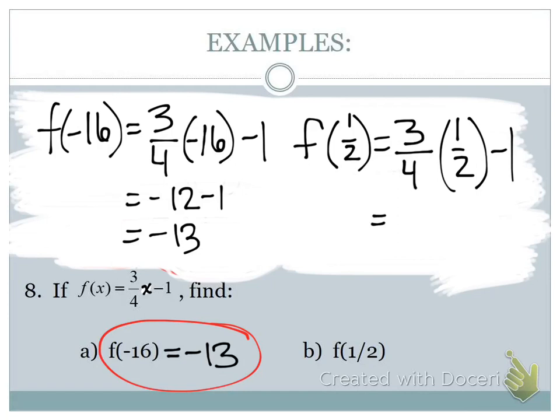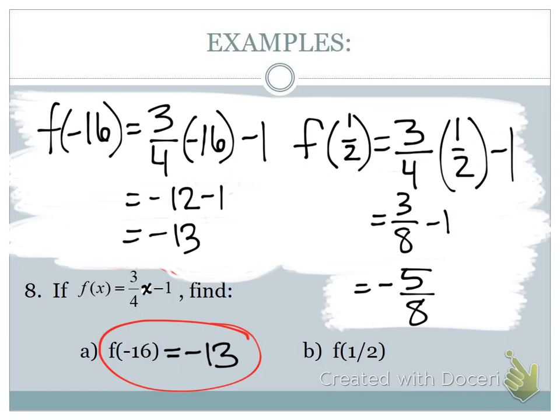Remember, we multiply straight across? 3/8. And then we're still subtracting 1 from that, so you either need to get a common denominator or use a calculator. We get -5/8. And that is our answer.